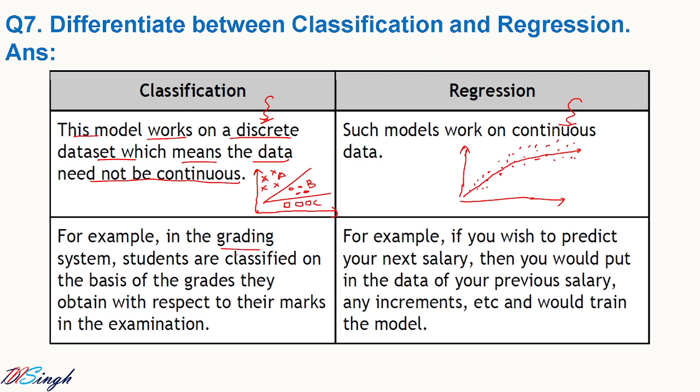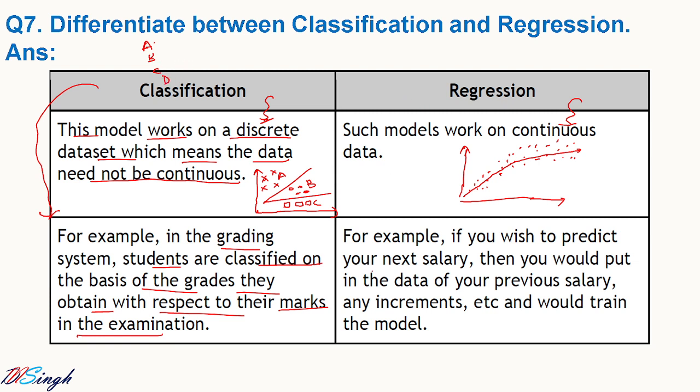For example, in a grading system, if you go for classification, students are classified on the basis of the grades they obtained with respect to their marks in examination. This is an example of classification, because you have different classes: A grade, B grade, C grade, D grade.